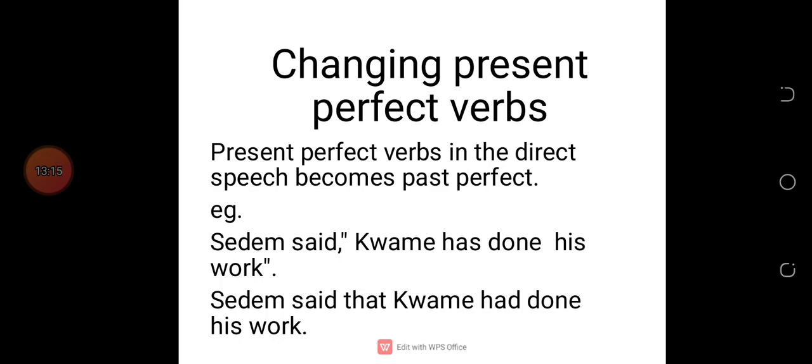So let's look at the example we have here. Sedem said, "Kwame has done his work." In our direct speech, we want to identify the verb first, then we'll look at the present perfect form of the verb. So we have "done" there.